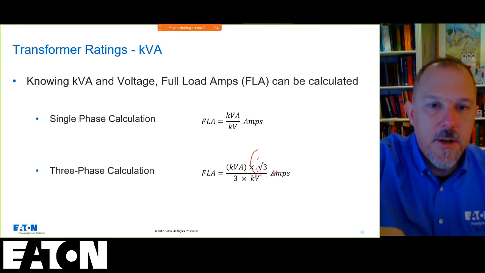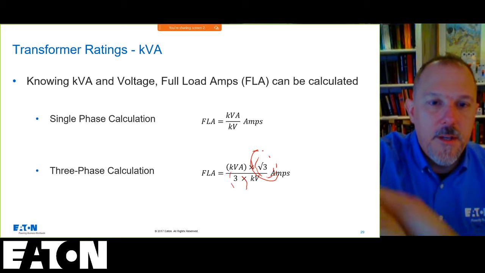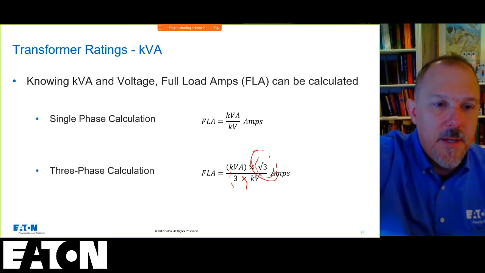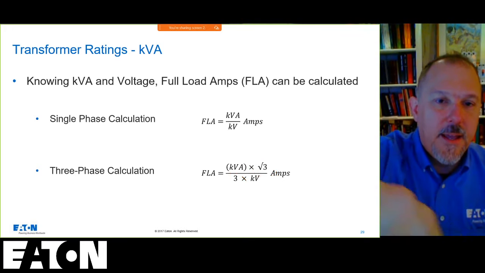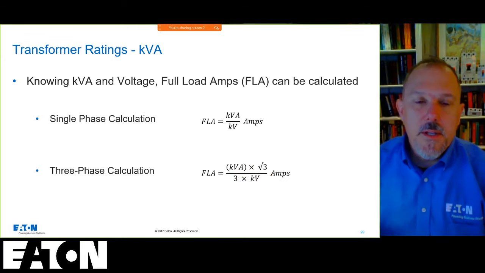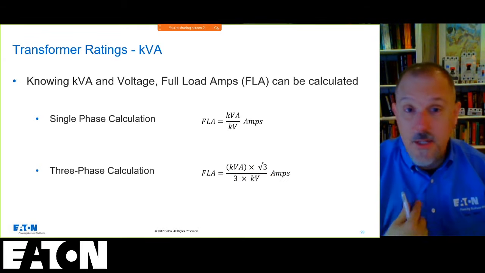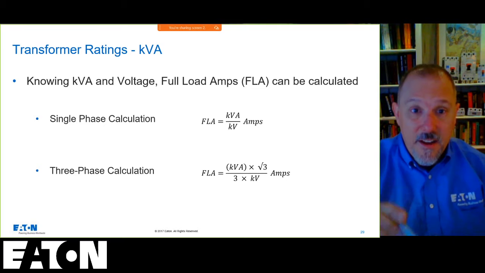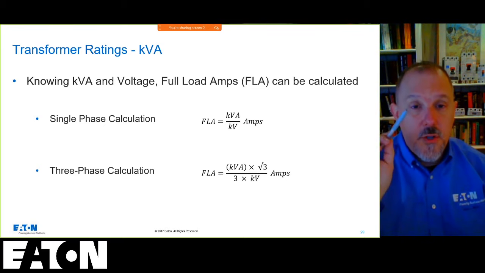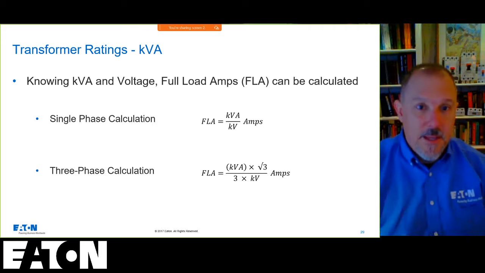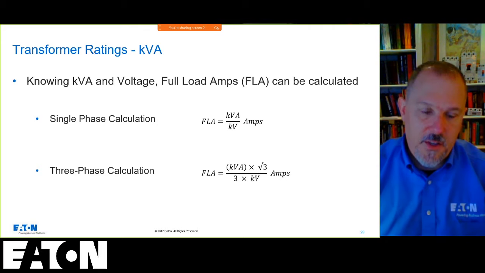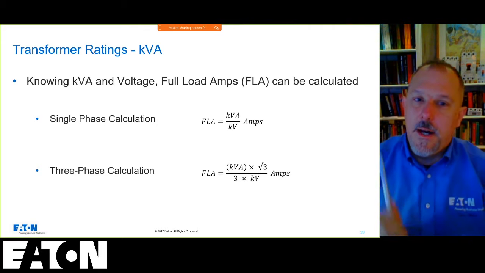I threw the square root of 3 in the numerator and the 3 in the denominator. And you may say, why the heck would you do that? Because me and the square root of 3 don't get along. I account for it everywhere. So you could simplify this to kVA divided by the square root of 3 times the kV. I always throw that in.